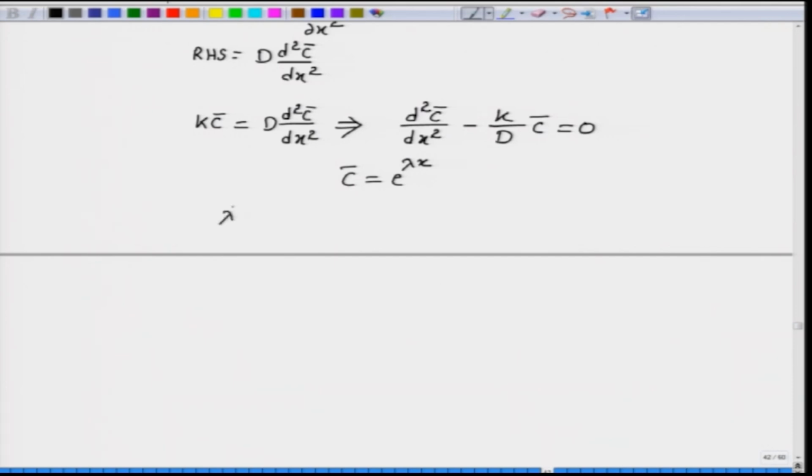So, we can write lambda square e to power lambda x minus k by D e to power lambda x equal to 0. So, this gives the value of lambda as plus or minus square root of k by D.